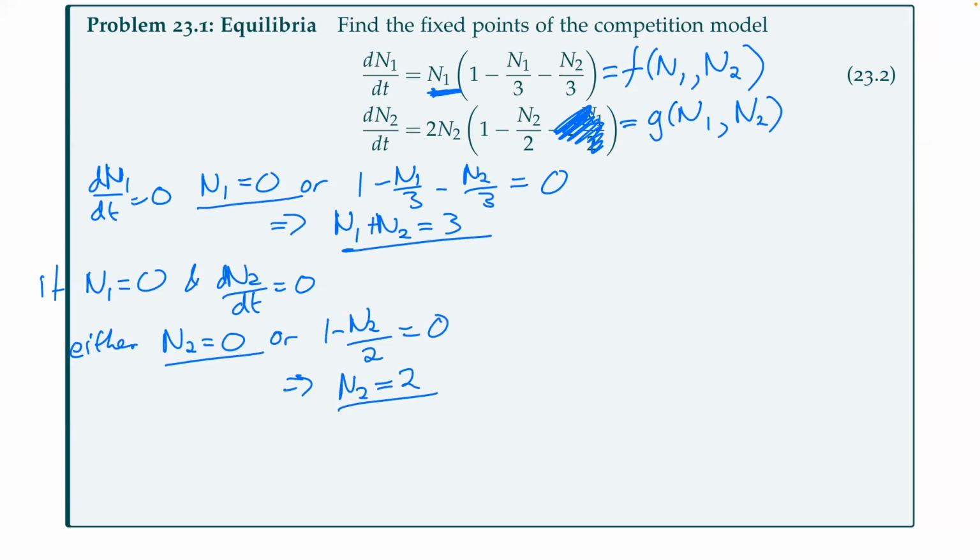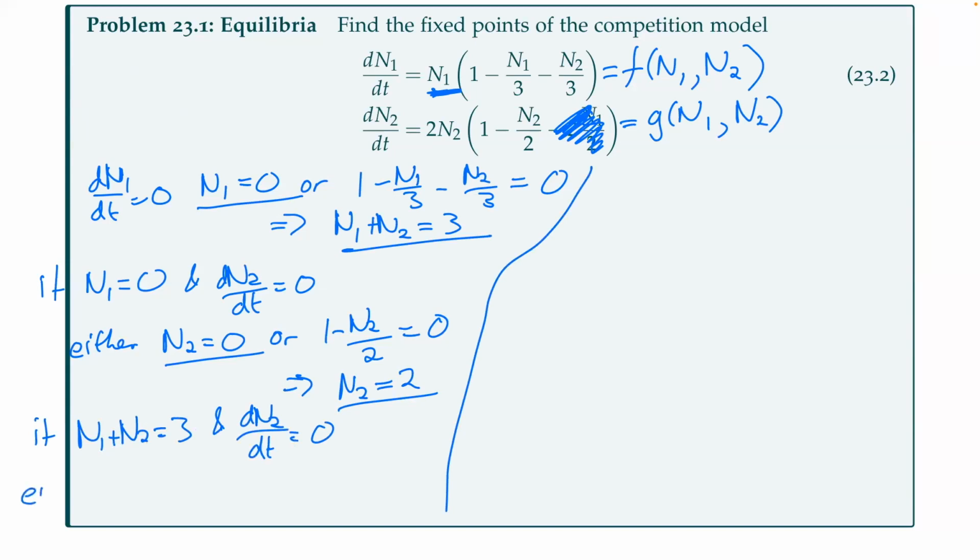Let's think about the other one. So if N1 plus N2 is equal to 3, and again, we have dN2/dt is equal to 0. What do we have? Well, this is a little bit complicated now.